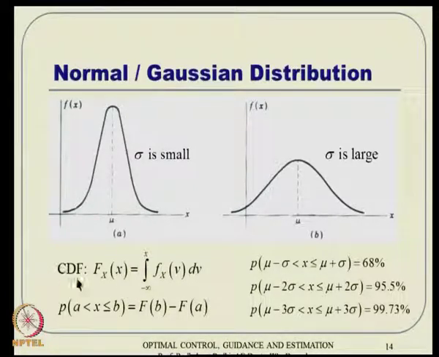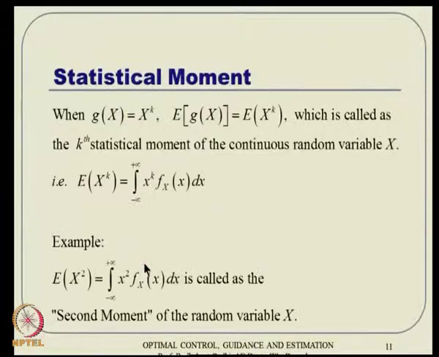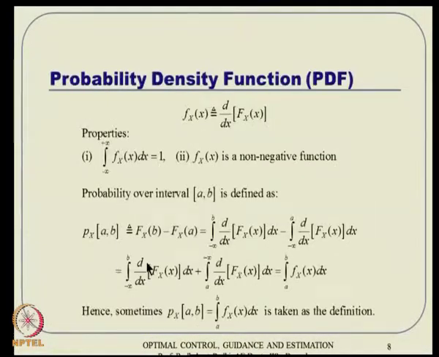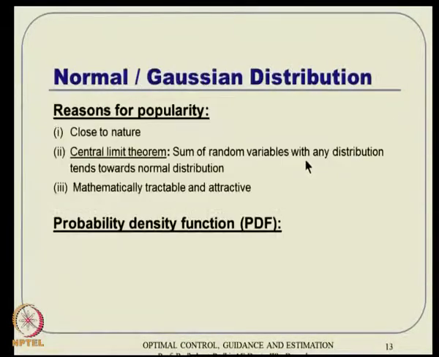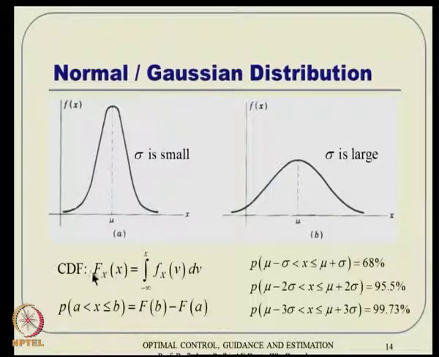Alright, so if you take a cumulative density function, sorry, cumulative distribution function, it is something like this. Ultimately the probability between this interval A and B will turn out to be like this.